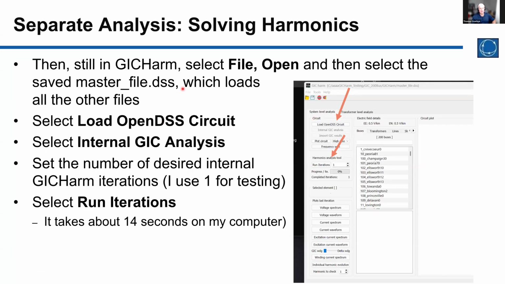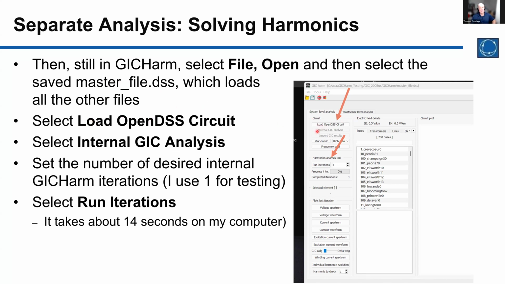Okay, then while you're still in GICHarm, all you have to do is select File, Open, and then select the master file that you just exported, which loads all the other files. Then you select Load OpenDSS Circuit right here.